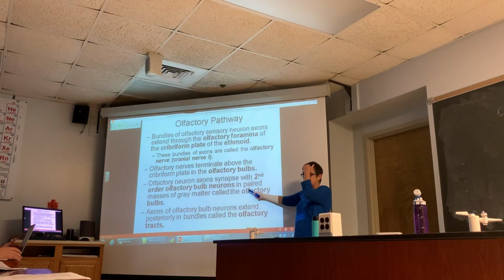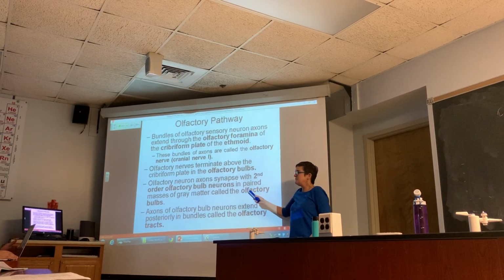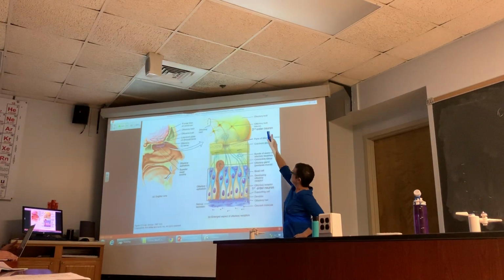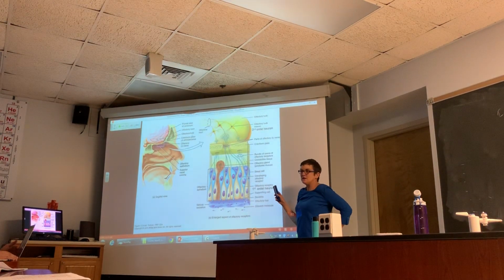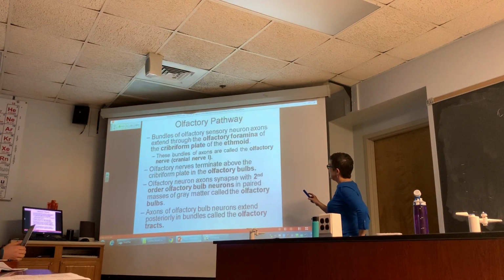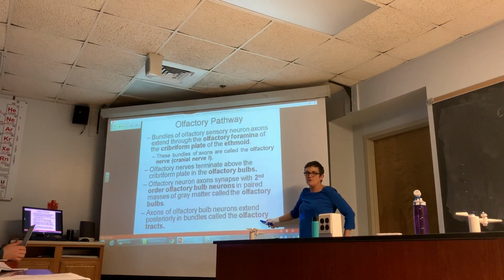Even though it's not inside the brain, oddly enough, it's outside the brain, it's still considered to be part of the brain, kind of a little external extension of the brain. And that gray matter bulb contains those second order olfactory neurons, interneurons, olfactory bulb neurons, and those then transmit information to the brain through the olfactory tract.